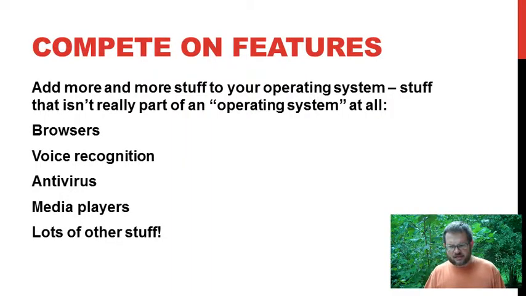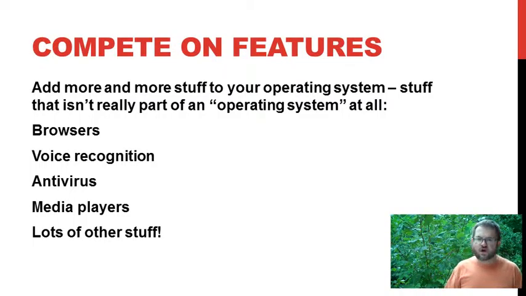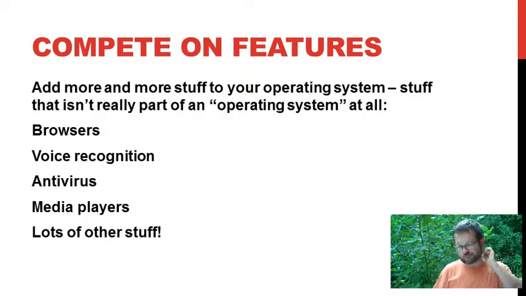It's hard to imagine these days, but there was a day when browsers didn't come with the operating system. You had to download the browser aftermarket, and you could choose a different browser. I mean, nowadays, of course, you can choose a different browser too. You can download Firefox or Chrome or whatever you want, but every computer comes out of the box with a browser installed as part of the operating system. Why? Because it was a feature.